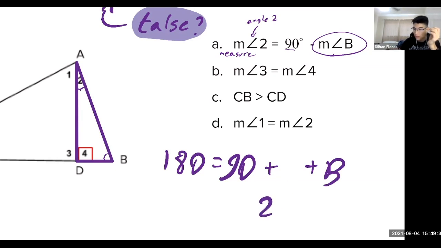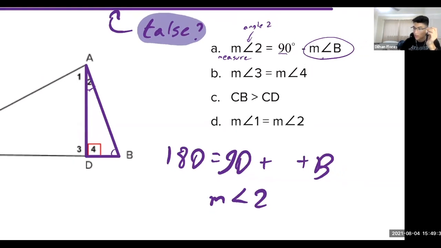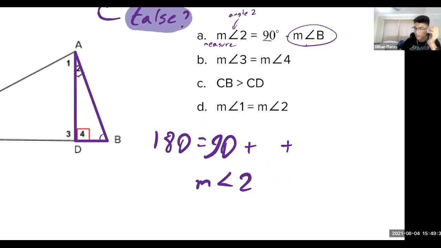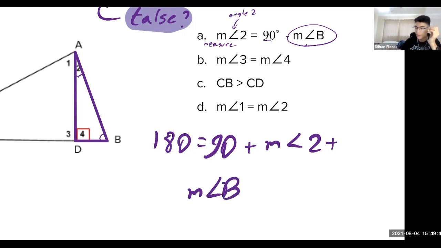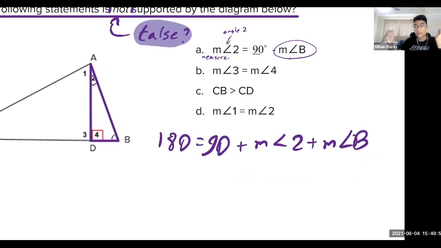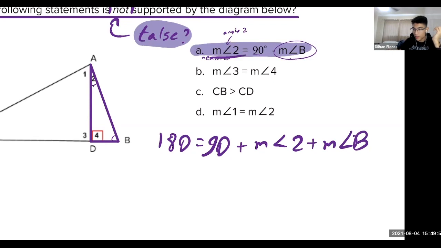The measure of angle 2, and let me just keep it consistent, plus the measure of angle B. Cool. All right, now let's see if this is true. Solve for the measure of angle 2 and tell me, is this statement true or false?